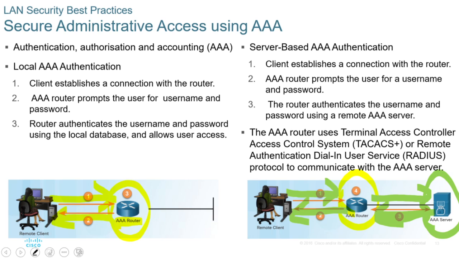There are a number of approaches to implementing server-based AAA, things like Terminal Access Controller Access-Control System Plus, or TACACS+, or Remote Authentication Dial-In User Service, or RADIUS. Again, as I said, we will talk about these particular approaches in much more detail when we are studying network security in the next semester.